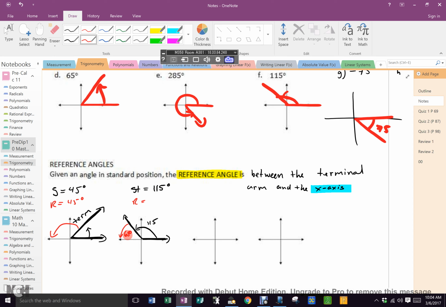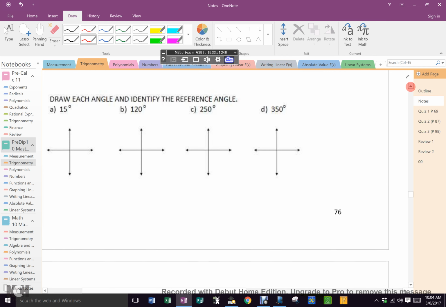Why was it 180 minus 115? Because this is 180 and you're already taking out 115. I went all the way to 180 and then I had to count backwards 65. Everybody cool? And how did you find that? It was 180 minus 115. Everybody good? All right, now I'm going to really mess with your heads for the third one.